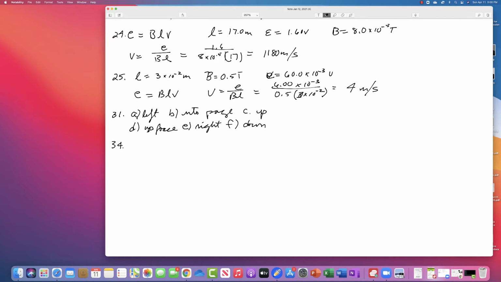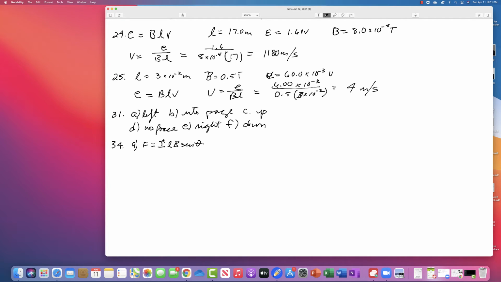Number 34. What is the force per meter on a lightning bolt at the equator carrying 20,000 amps perpendicular to the Earth's 3 times 10 to the minus 5 Tesla field? Okay, so for A, the formula is very similar to the previous formula: the force equals I L B sine theta, and theta is the angle away from perpendicular.